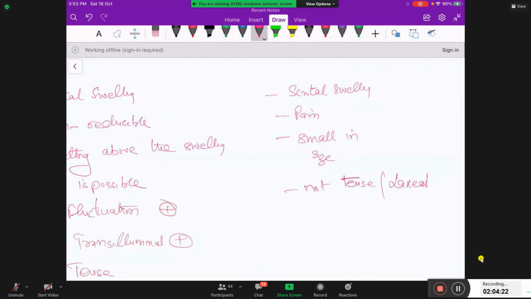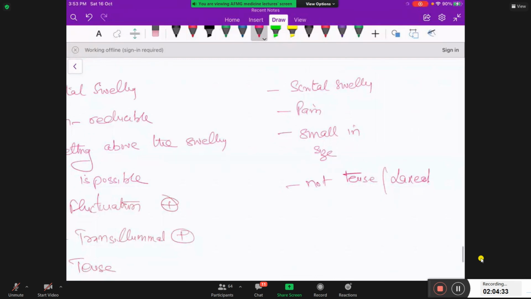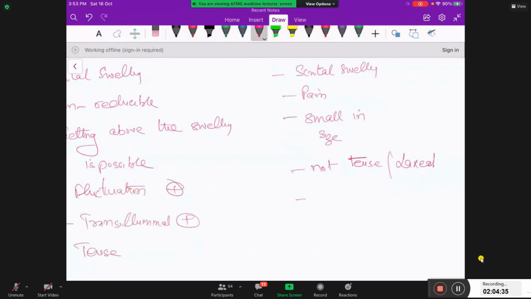It is a partly filled balloon type swelling. While a primary hydrocele will be a tense balloon, means a balloon filled to its capacity, right?